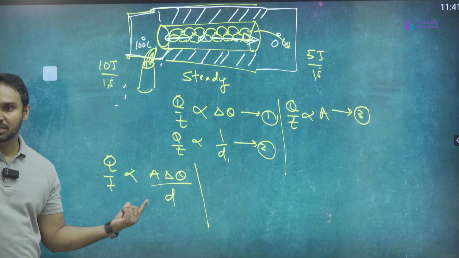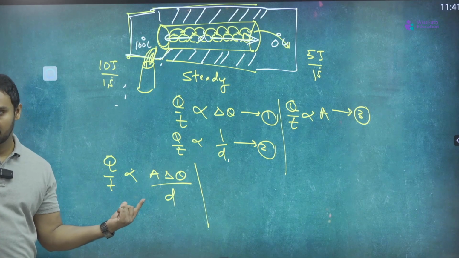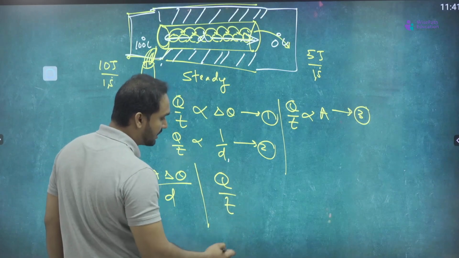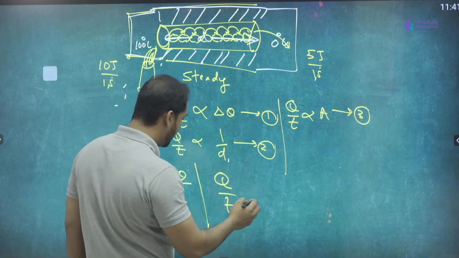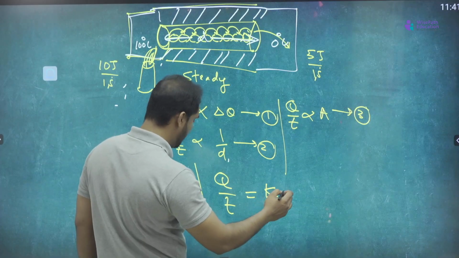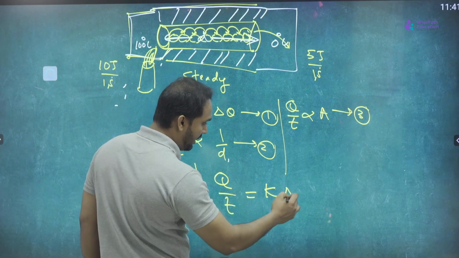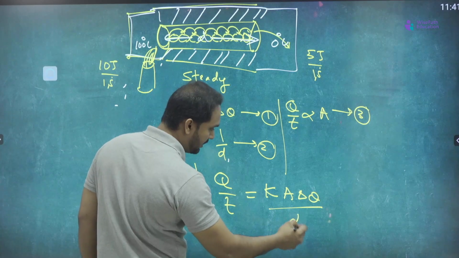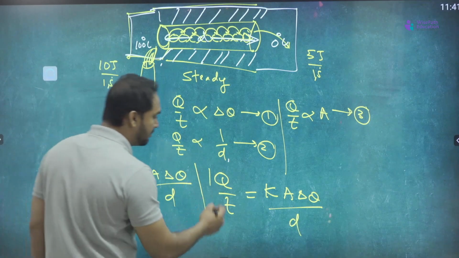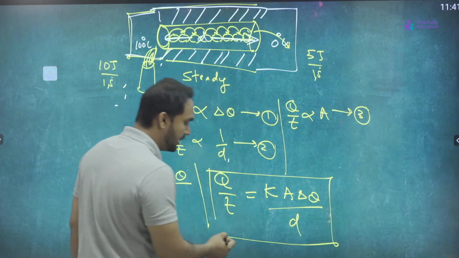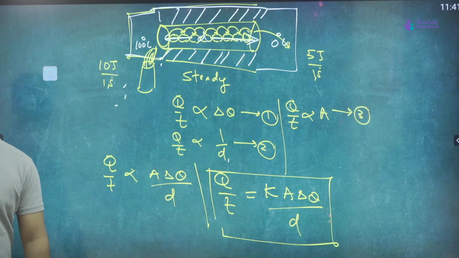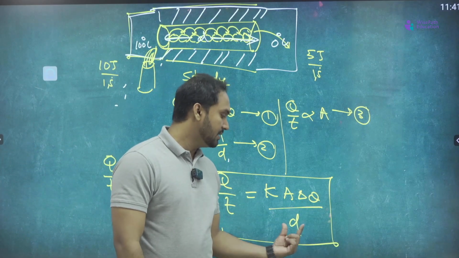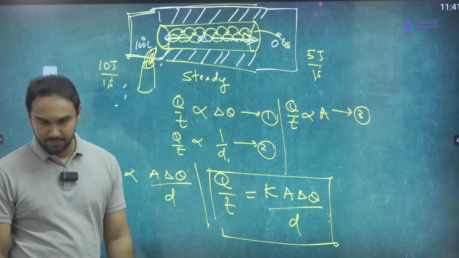How do you make a proportional equal? By multiplying by a constant. So the constant that I take here is K, which is the conductivity constant or the coefficient. K times A delta theta, the temperature difference, over D is the formula. So this is the complete formula for the rate of heat flow: K times A delta theta over D, right?